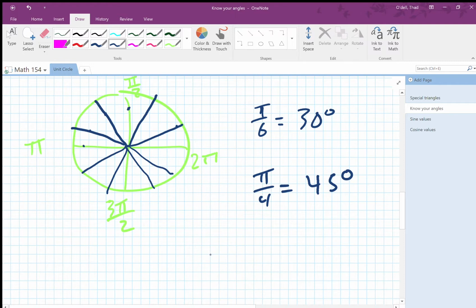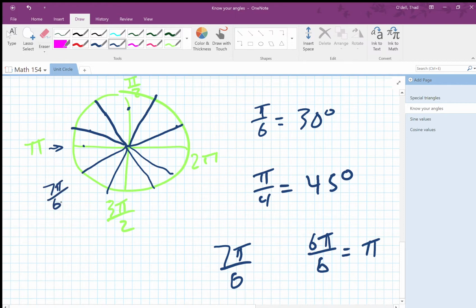If I'm looking for where 7 pi over 6 is, I know that 6 pi over 6 is the same thing as pi, so that would be right here. That means 7 pi over 6 must be right here.